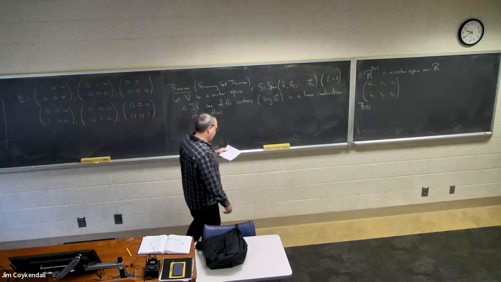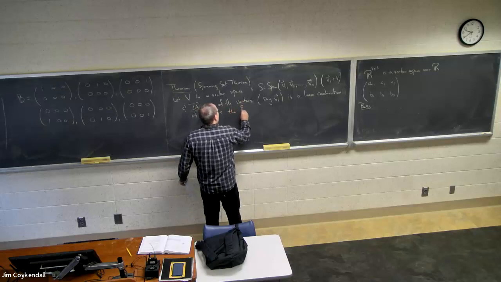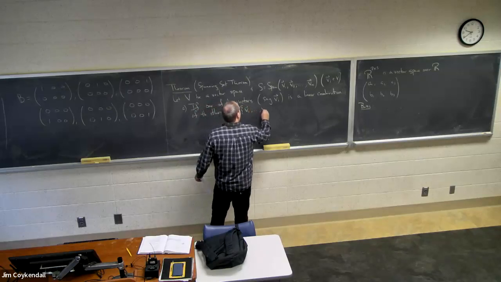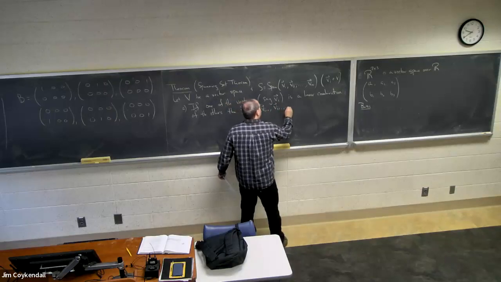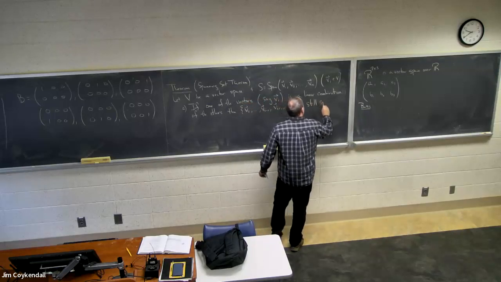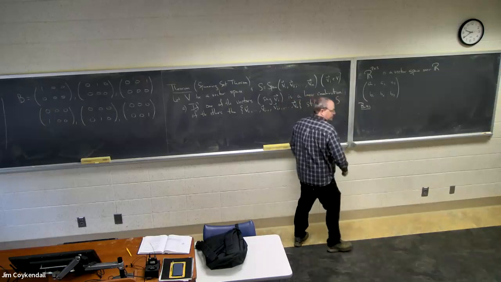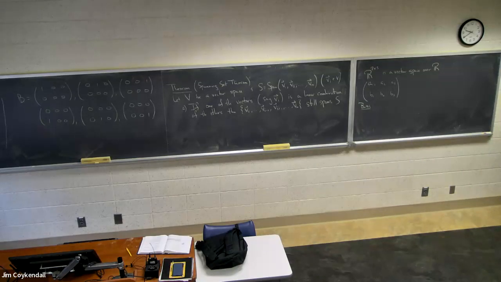You don't really need it in the span. Then the collection of vectors V1, up to Vi minus 1, Vi plus 1, up to Vn still spans S. So in other words, if you look at your collection of vectors and you find, hey, look, this vector Vi can be written as a linear combination of the other vectors, you can punt it. You can kick Vi out of the little club, and whatever's left over still spans it.